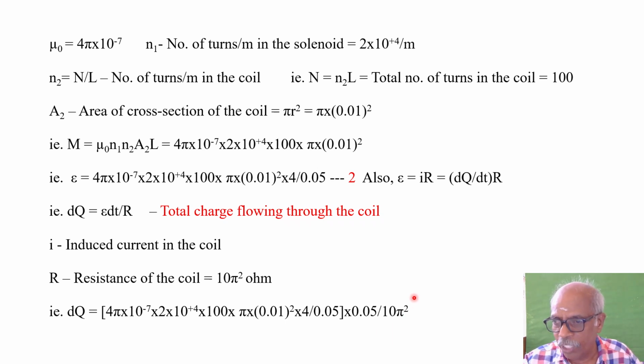Now you have pi squared in the denominator. One pi is here, one more pi is here, so this is also pi squared. So pi squared in the numerator and pi squared in the denominator will get cancelled. One more thing, this 0.05 is in the denominator and this 0.05 is in the numerator, so that will also get cancelled.